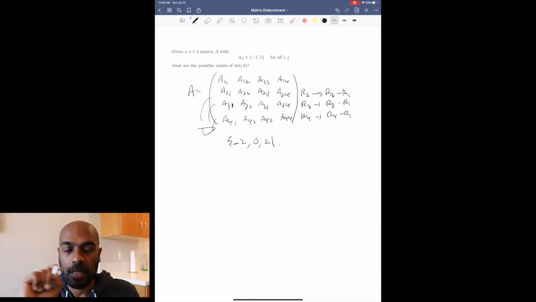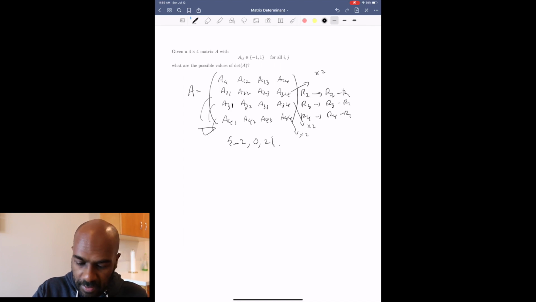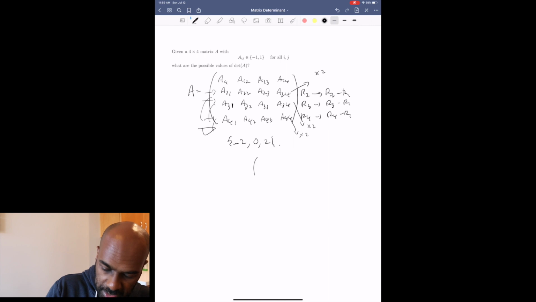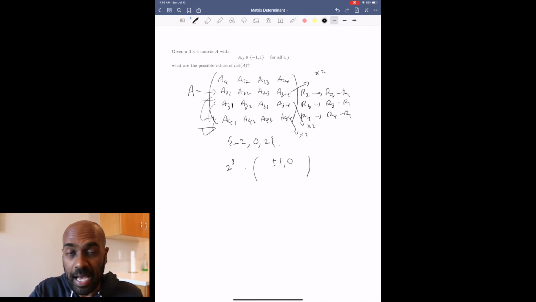So what does that mean as a consequence? Well, each of the entries of this row is a multiple of 2, and the same thing with here, and here. So we can factor out that 2 from each of these 3 rows, and we'll end up with a matrix that has as its entries positive or negative 1s and 0s, and then a factor of 2 to the third outside, if we're looking at the determinant.